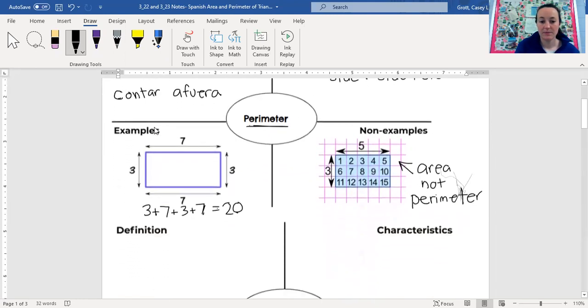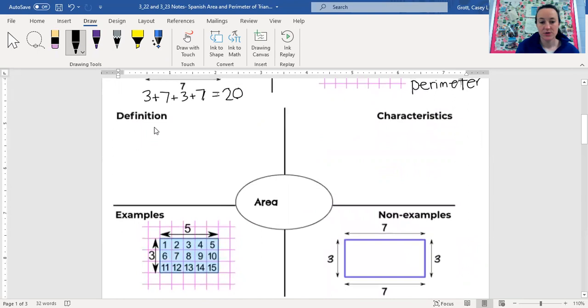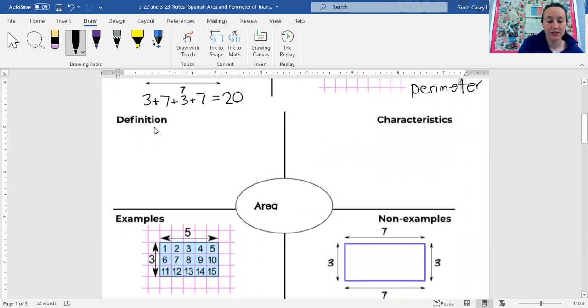Okay. Up next, we're going to review area. So if we take a look at area, area is going to be the space inside a shape.